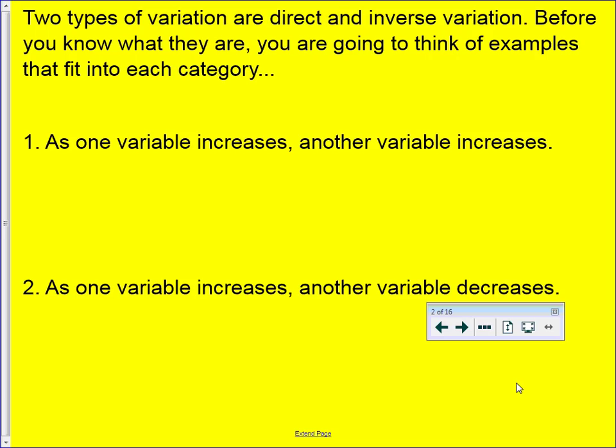So first of all, number one, as one variable increases, so as something grows or gets bigger, you have a different variable that also increases. I want you to think of any example that you can that fits into that first category. In the second example, now you're thinking as one variable increases or goes up, then the second variable will actually go down. So stop the video, please write down examples that you think, and we'll talk about these in class when I return.